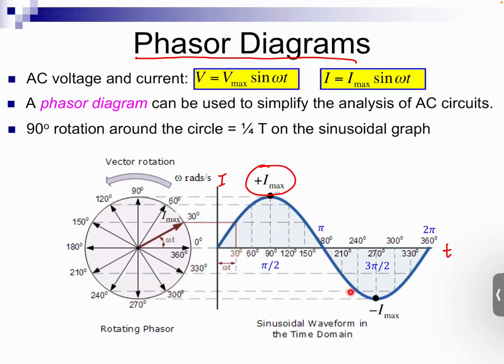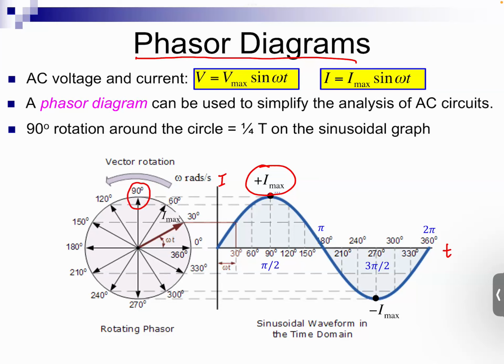On the right, you have the sinusoidally varying current, and that can be related to a vector or an arrow that rotates around the circle from 0 to 360 degrees. Each point in your sinusoidal graph can be related to an angular position in your phasor diagram in the circular rotation.